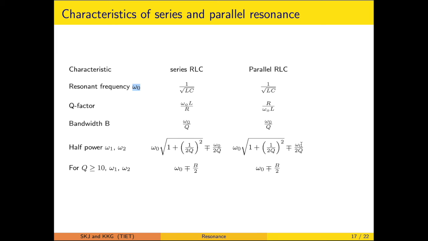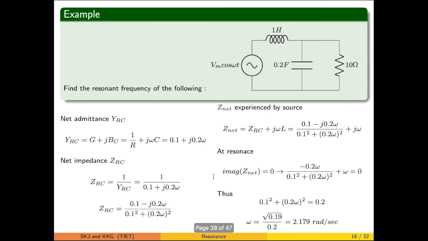For high Q circuits, where the quality factor is greater than or equal to 10, the half power frequencies are symmetric about the resonant frequency, and they can be expressed directly as omega 0 minus B by 2 and omega 0 plus B by 2. Now we can go through some examples.